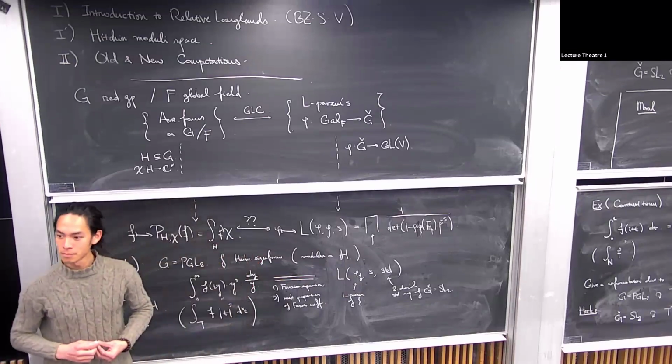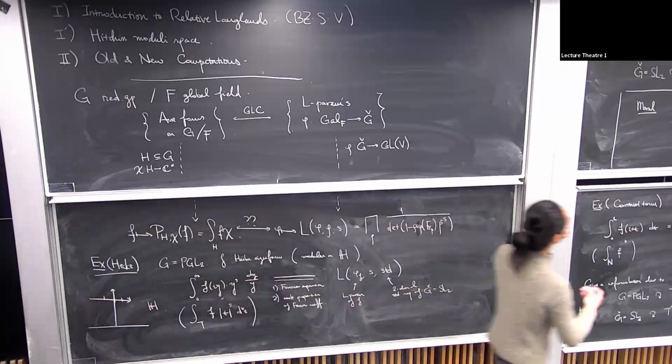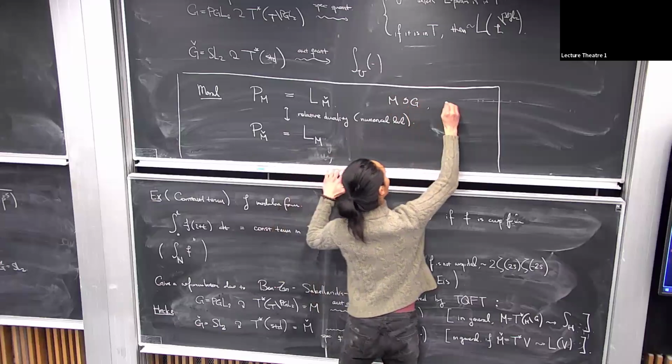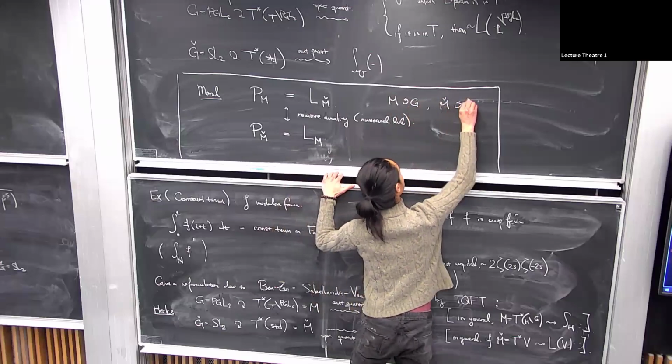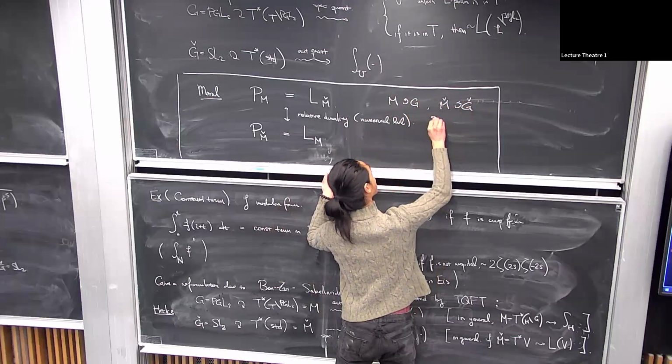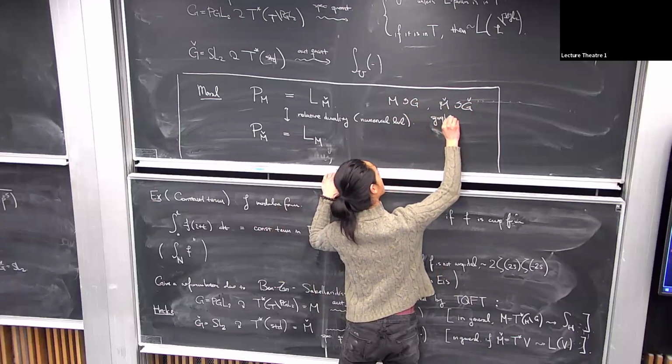What was M? M has an action of G, and M check has an action of G check. And these are, let's just say, symplectic varieties with G action.